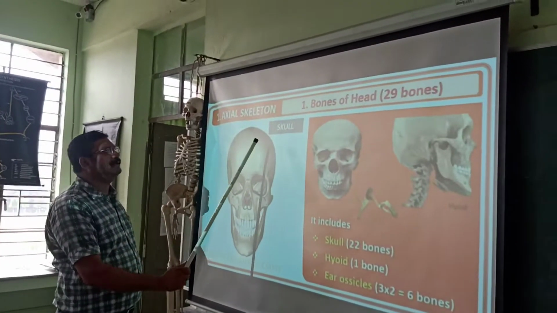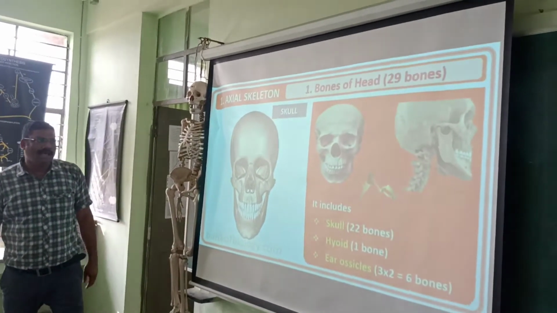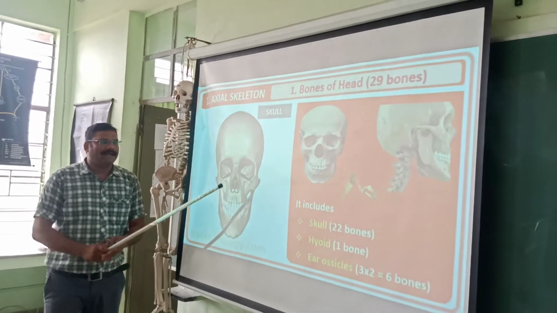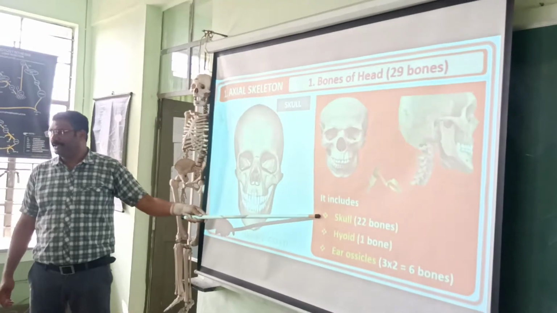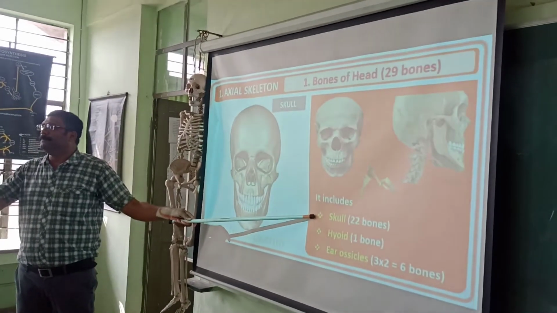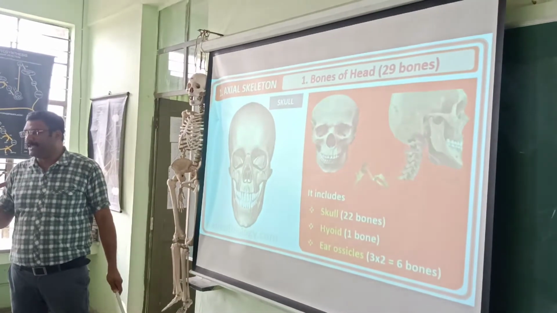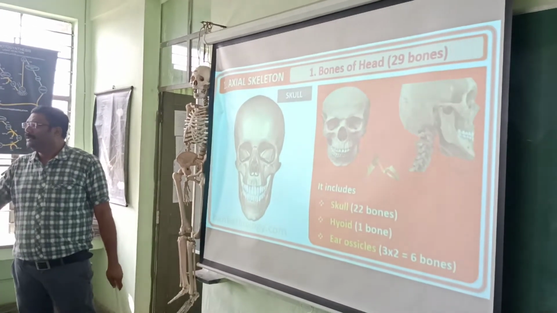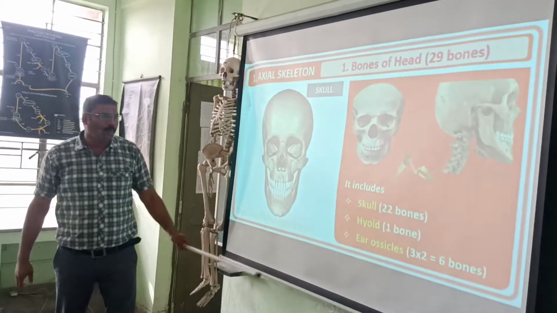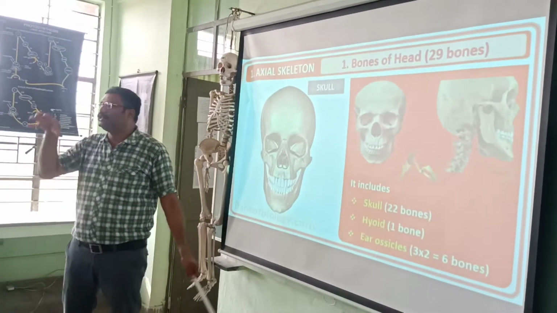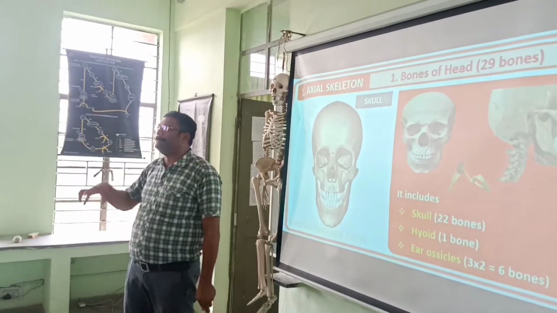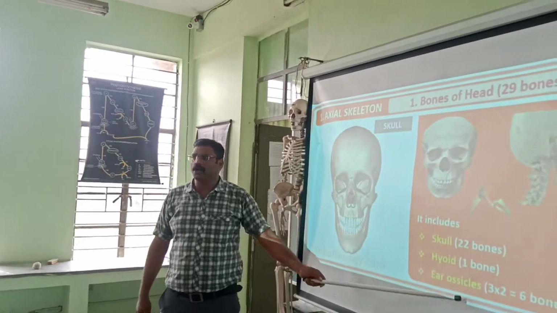Bones of the head means what? I am talking about the skull, and this skull contains 22 bones. Out of 22 bones, 8 bones are in the cranium, then 14 bones in the face. One bone is the wide bone that is located at the base of the tongue, in the base of the buccal cavity, and the ear ossicles.